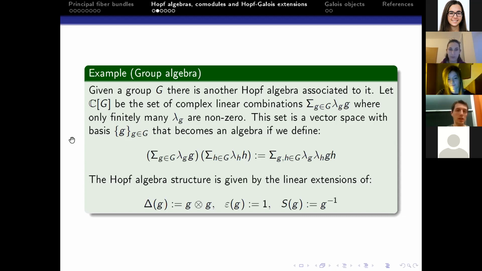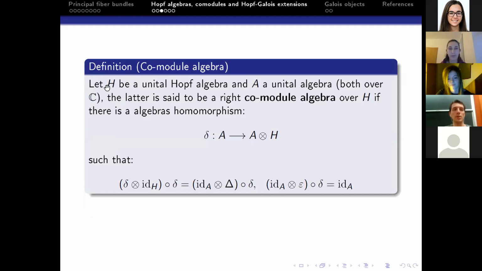This is a nice example of a Hopf algebra, and we are going to use it later on. Now, the group action on a space induces an algebraic structure over OX, and that structure is actually a comodule algebra structure.